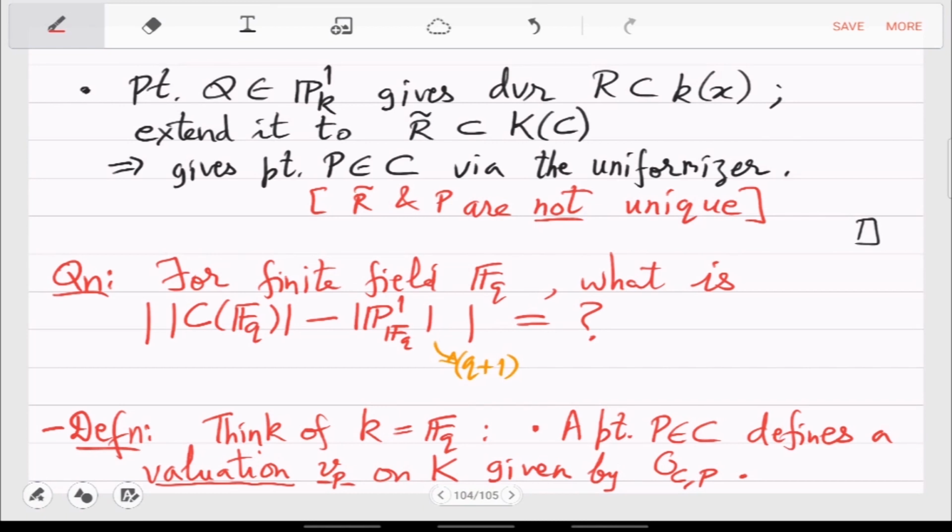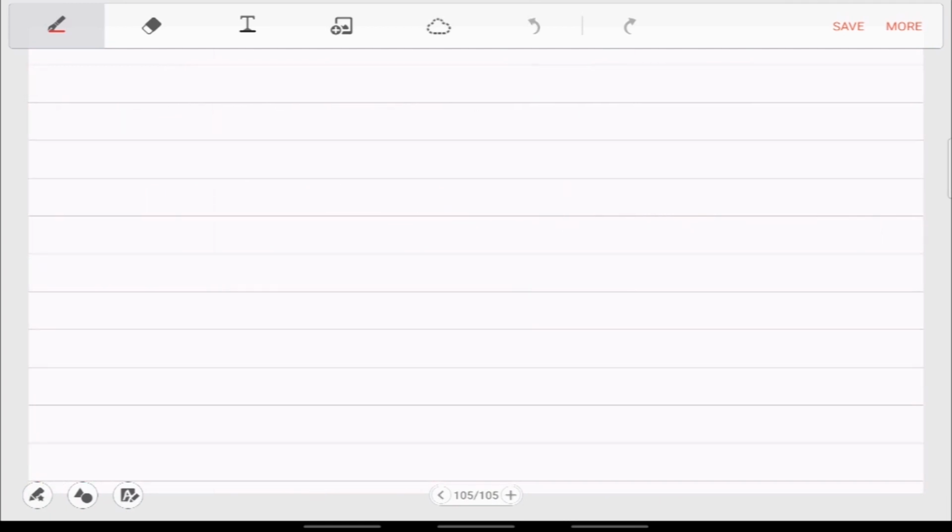And the point of course always is in some finite field, even if your small k was algebraically closed. Still, when you look at a point, the coordinates are finite, so they are always in some finite field. So the valuation is the same as we worked with before, but there is another thing which might change, which is the residue field.